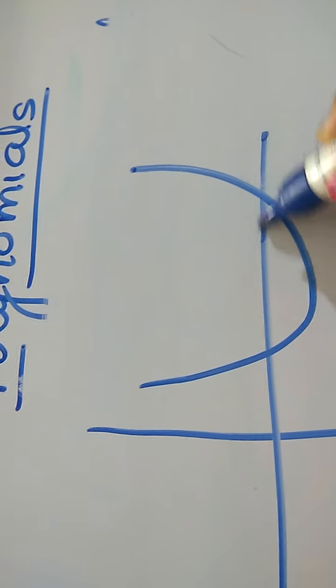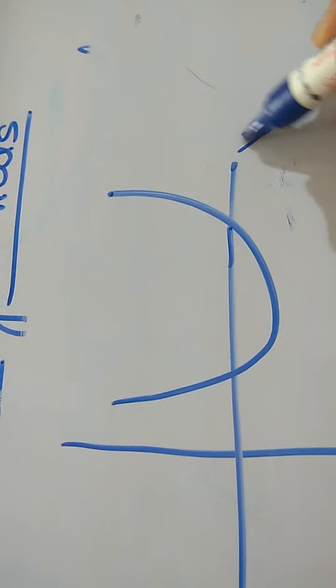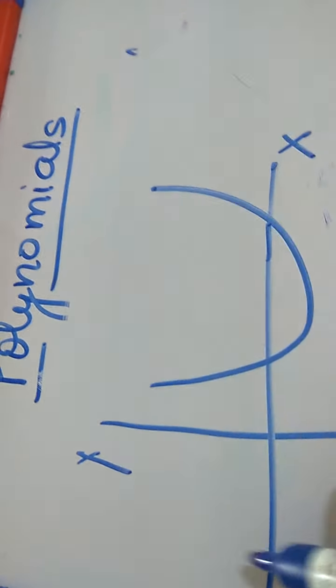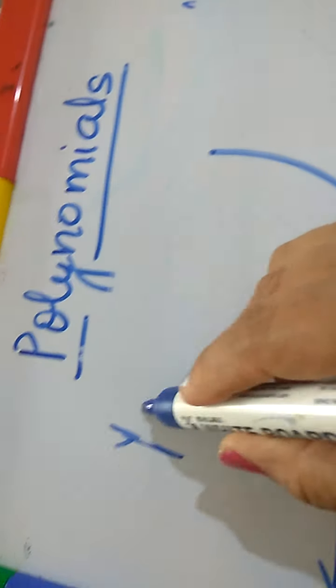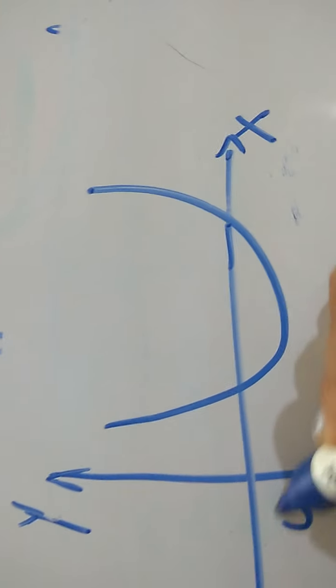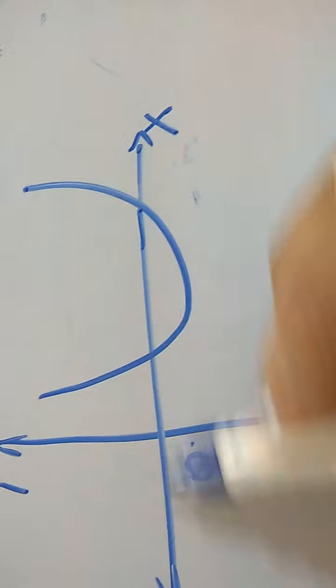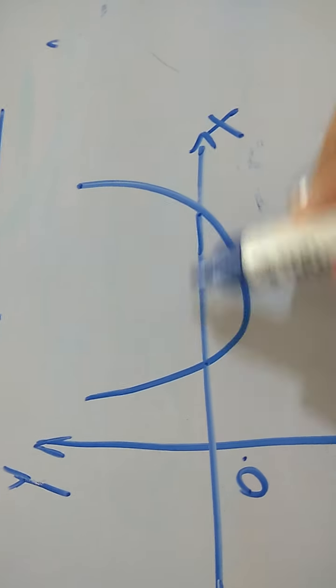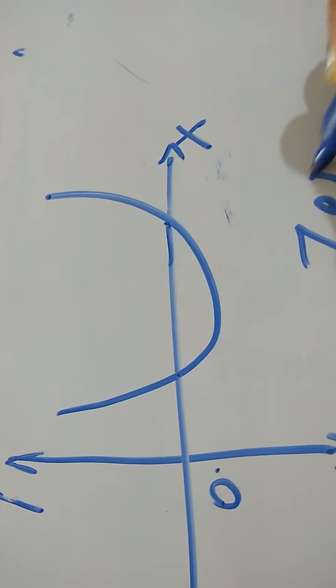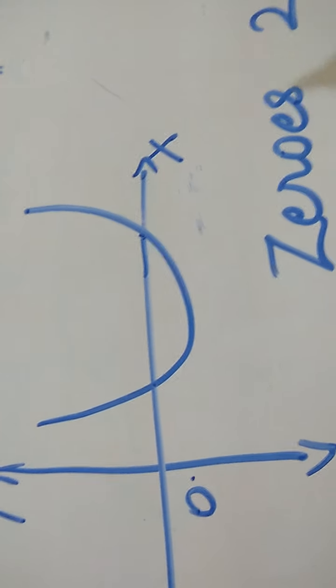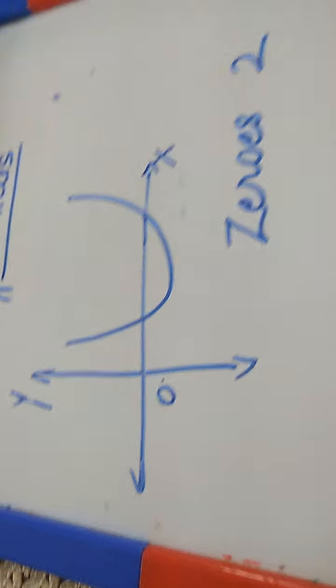Then we have to observe how many times this curve is cutting the x-axis. This is the x-axis. This curve is cutting the x-axis at two places. That means the number of zeros will be 2. This will have 2 zeros.